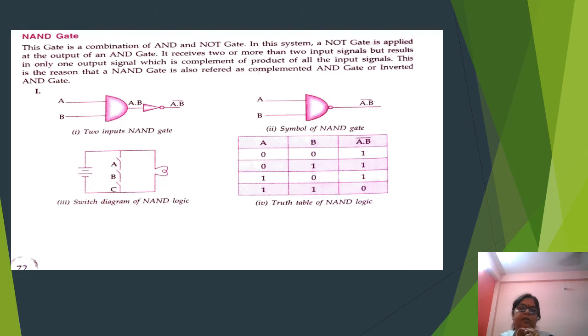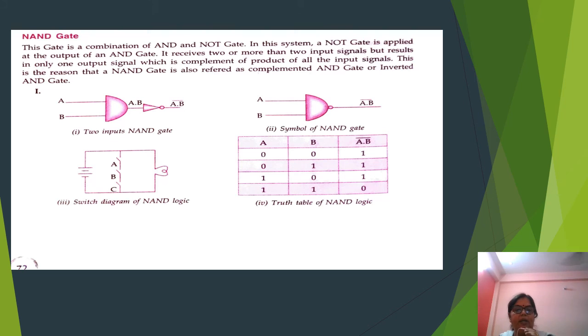Now the NAND gate. See, what is a NAND gate? NAND is AND plus NOT gate. In this system, a NOT gate is applied at the output of an AND gate. It receives two or more input signals but results in only one output signal, which is the complement of the product of all input signals.